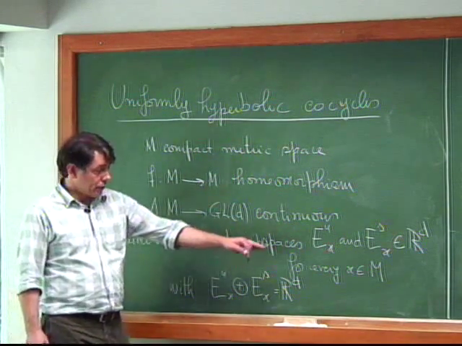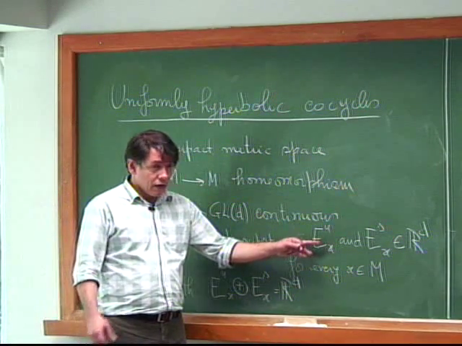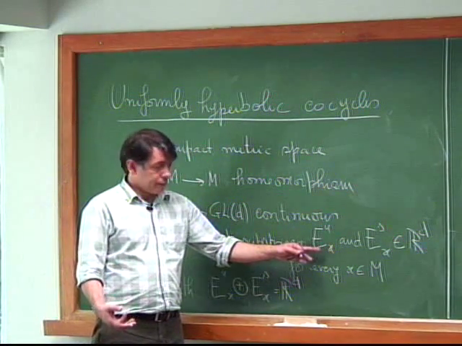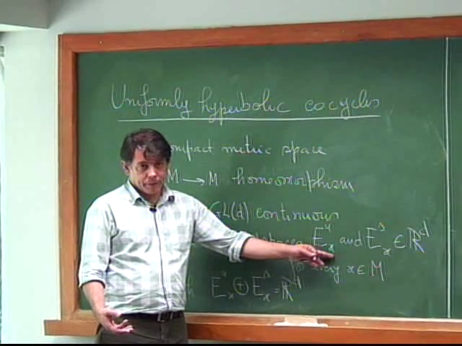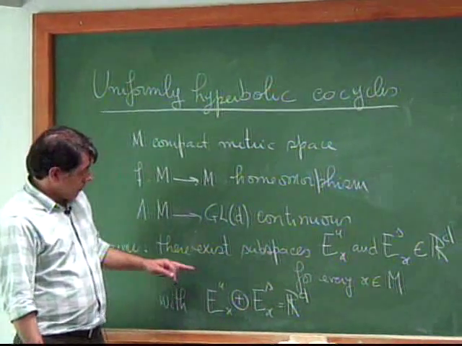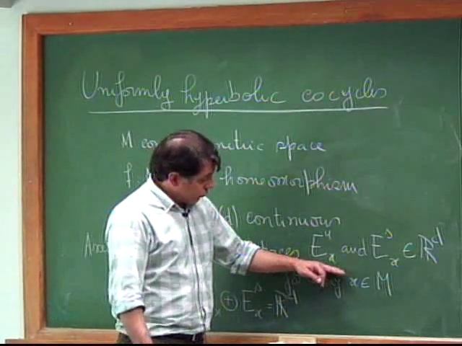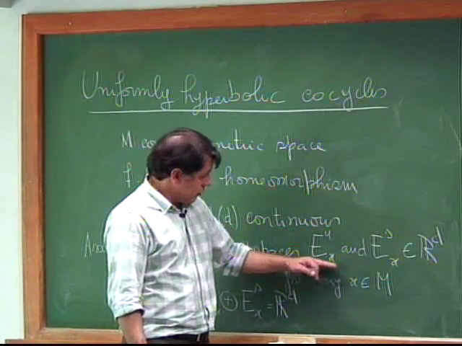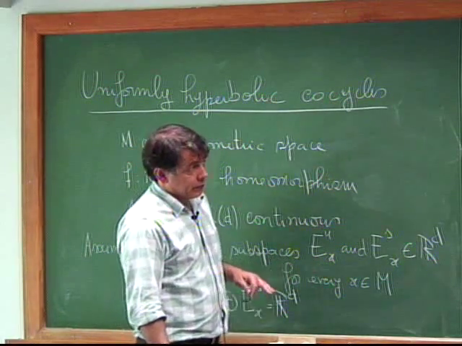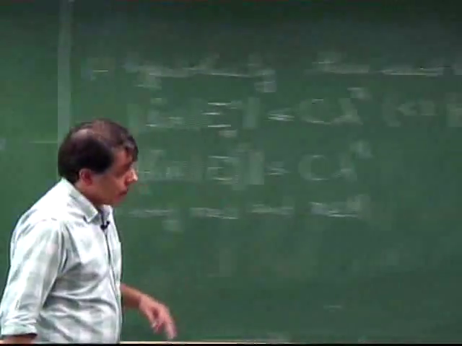They are not really subspaces, they are fields of subspaces because they depend on x. So the difficulty for proving hyperbolicity, if you don't have any tools, is that you probably don't know where the subspaces are. But in this case you do. In this example you do.